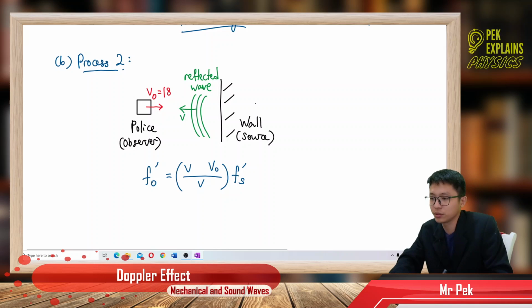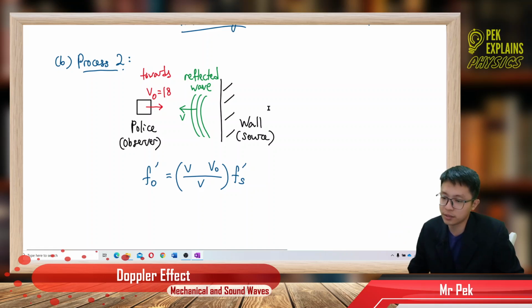The police is the observer moving towards the wall. Towards always means the frequency increases.